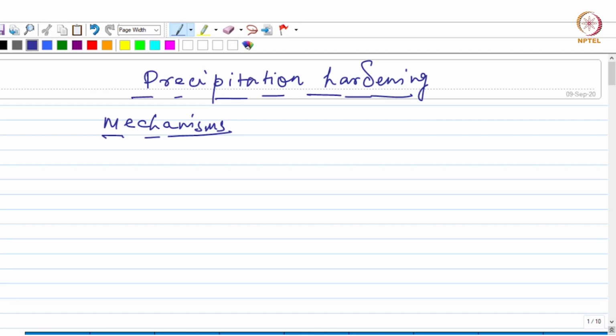We have seen that there are basically 6 different mechanisms through which the hardening can occur in this particular phenomenon. And then we also talked about the precipitation sequence.